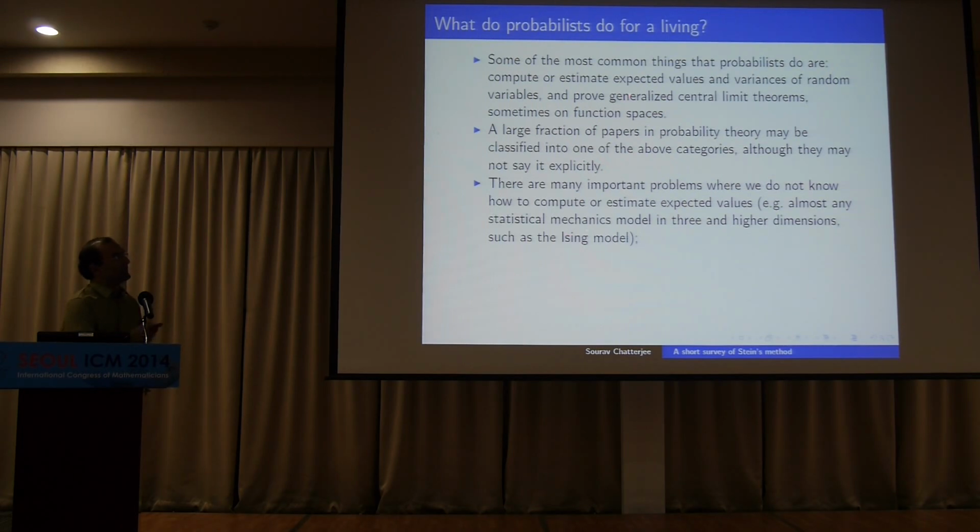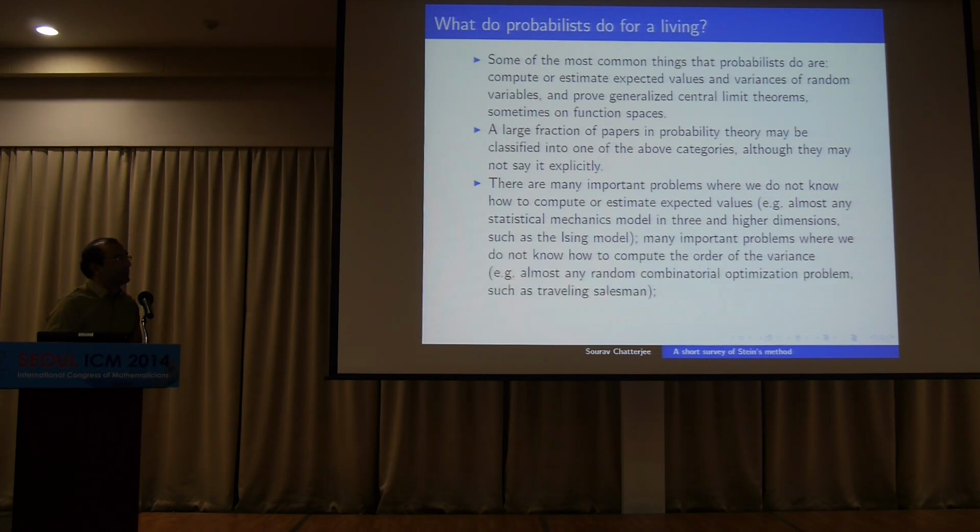Now, even in these very basic sounding things, there are things that we don't know how to do. For instance, for expected values, we don't know how to do it in systems like the Ising model or any complicated statistical mechanics models in 3 and higher dimensions. In the order of fluctuations, we don't know, for instance, random combinatorial optimization problems or various other problems.